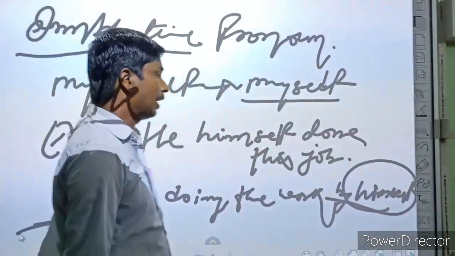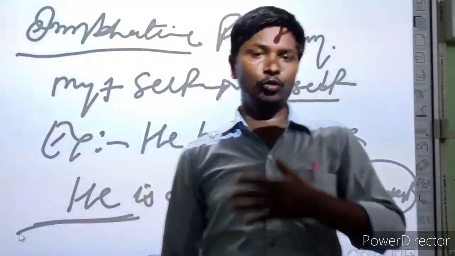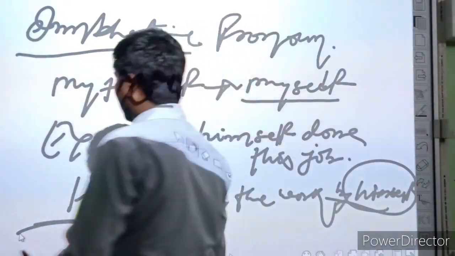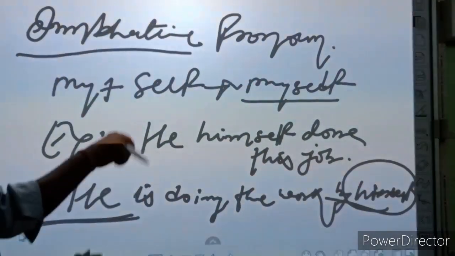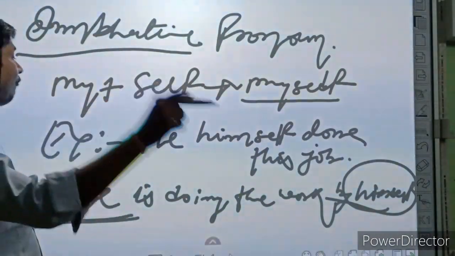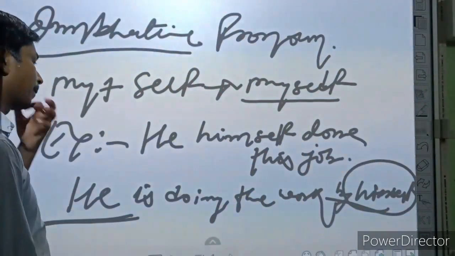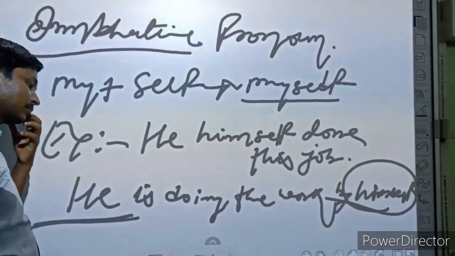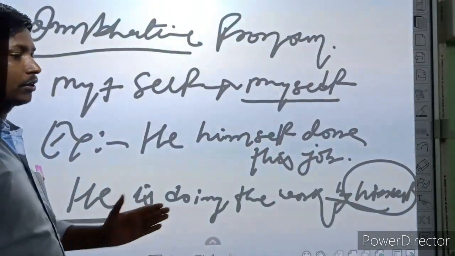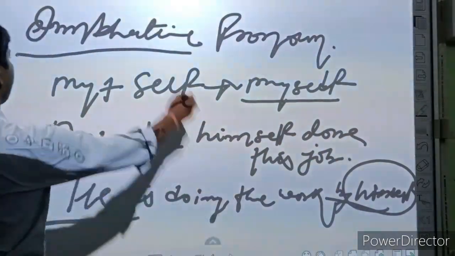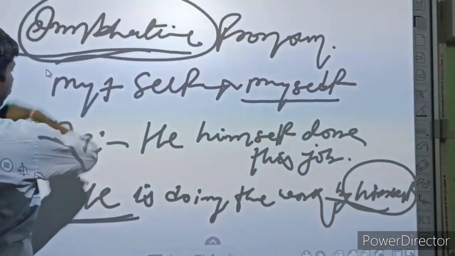When himself, myself, themselves, ourselves, yourself is used as an object, then it is called reflexive pronoun. And when it is used just after the subject, then it can be said emphatic pronoun.